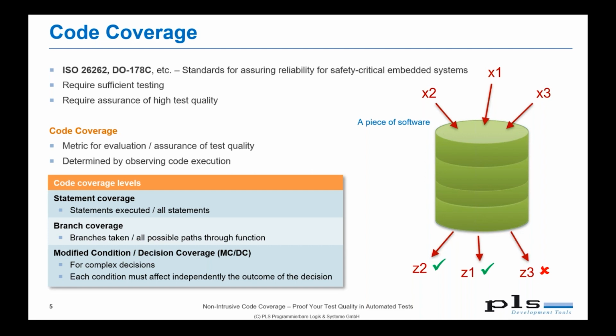The simplest one is the statement coverage, or sometimes C0, which gives you the ratio between the executed statements in your application, or the executed instructions, to all the statements or instructions of the module or function under test. This tells you nothing about the conditions in your code, of course, because you're only looking at the executed statements.